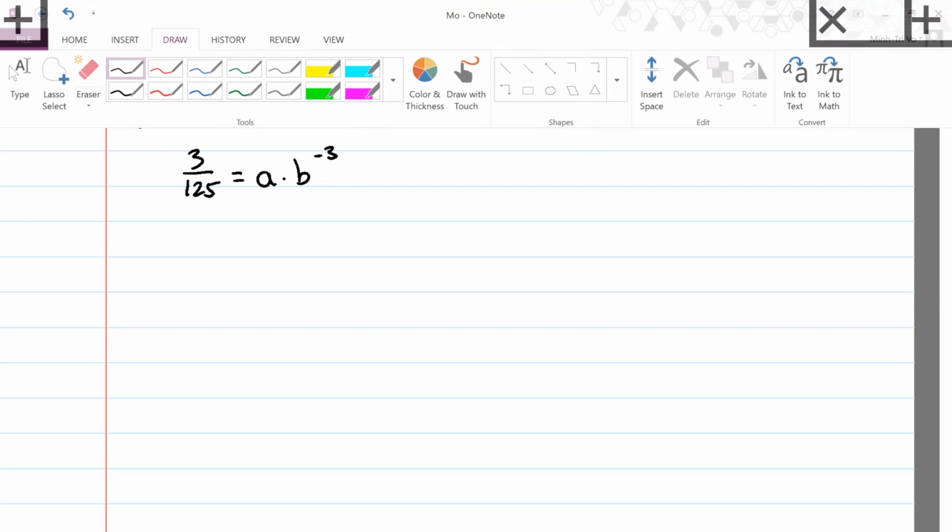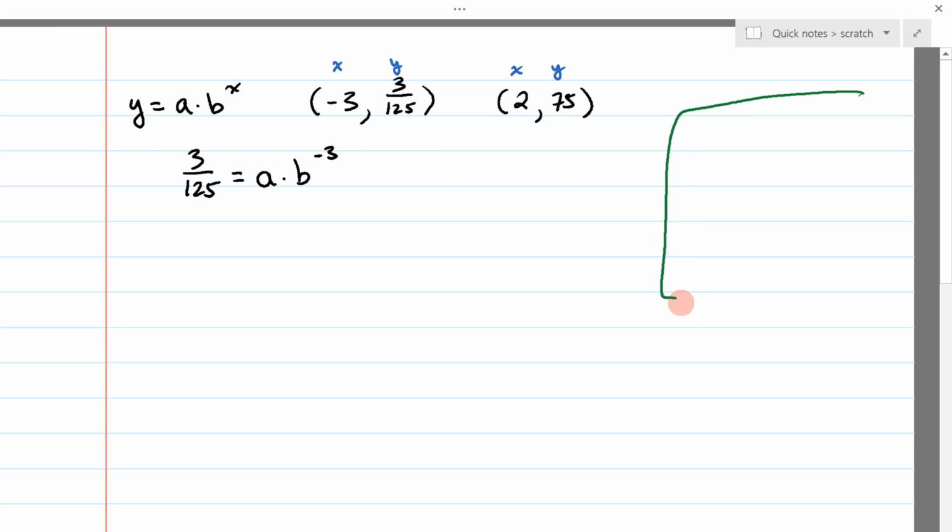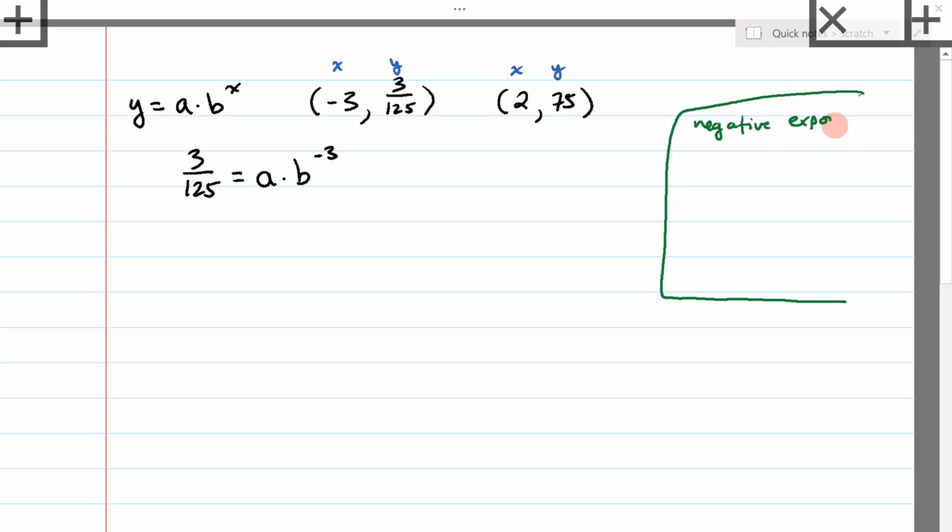What it means to have a negative exponent is we put the expression into the denominator, right? For example, something like 2 to the -3 power.